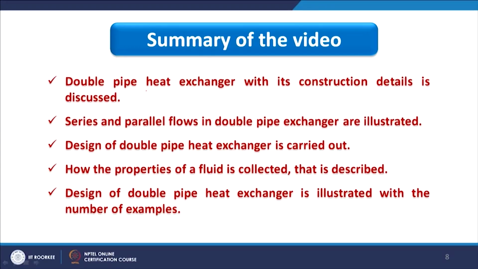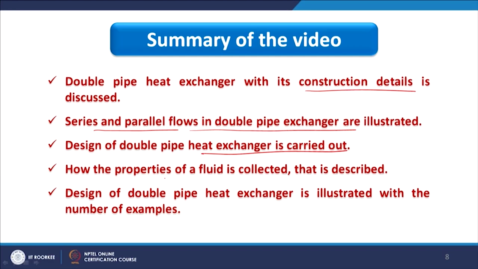Okay. And summary of these videos are: in these videos double pipe heat exchanger with its construction details is discussed in detail. Okay. We have discussed series and parallel flows in double pipe heat exchanger. Design of double pipe heat exchanger is carried out where different steps were discussed in detail.